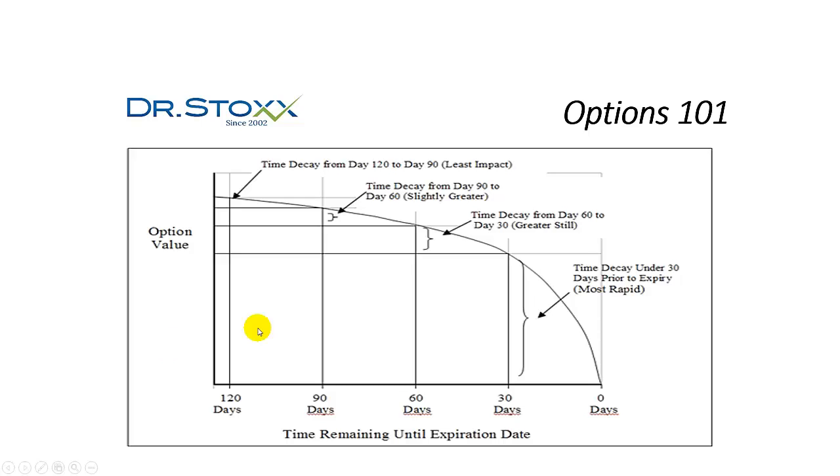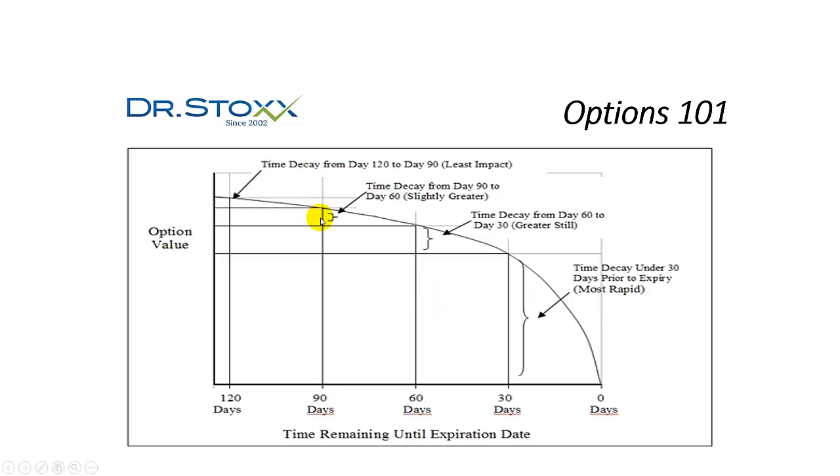So let's say we have a call option that we bought 4 months out from expiration, 120 days from expiration. In that first month that we hold the call option, we're going to insert some numbers here. The time value over that first month would have decreased about 5%.